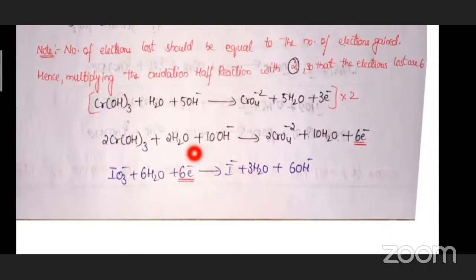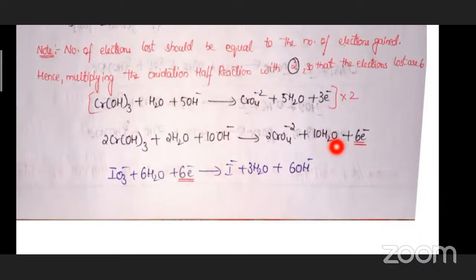Okay. Then another step. What you have to understand here is, you can see here 2 water molecules on the reactant side and 10 water molecules on the product side. So here itself you can cancel off. If 2 is removed from 10, it becomes 8.